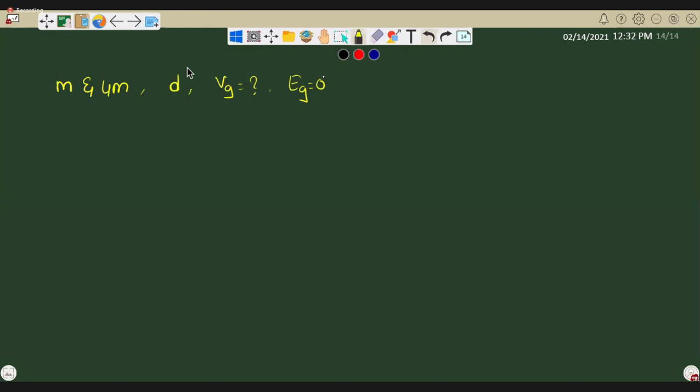So what he says is, this guy takes a mass m and he takes a mass 4m. The distance between these two is d. So there is a point somewhere where your gravitational field strength is zero. Let me say that point is at a distance of x from here. At that point, you have to find your Vg.